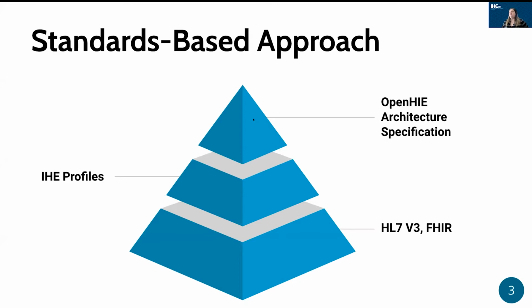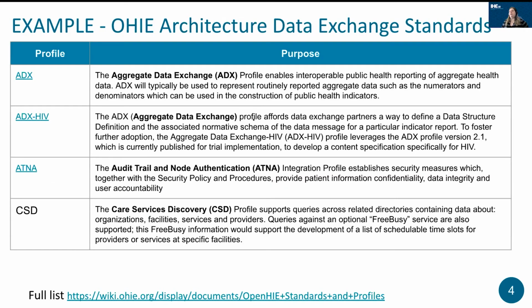And I want to make sure that if Derek's point didn't come through clearly, that we're understanding that OpenHIE is based on IHE profiles and FHIR as well. So here's just an example of some of the profiles we use. Derek went through some other ones. This happens to be our alphabetical order list, and I'll be sharing these slides, but we do have a full list available if you're interested in looking at how we utilize those IHE standards.